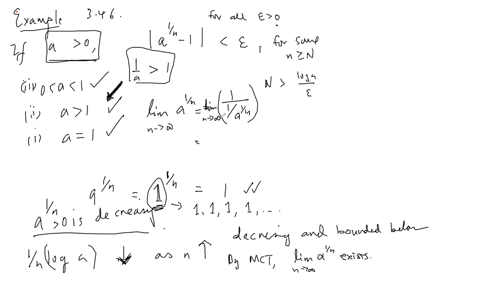Since the numerator is a constant, this is equal to the following. But since your 1 over a is greater than 1, this one is following case 2 already. You can think of it as a b with b greater than 1. So you use the result of case 2. So it will be 1 over 1, which is 1.